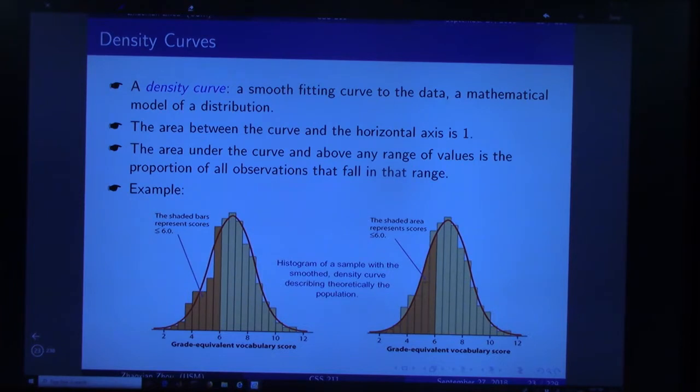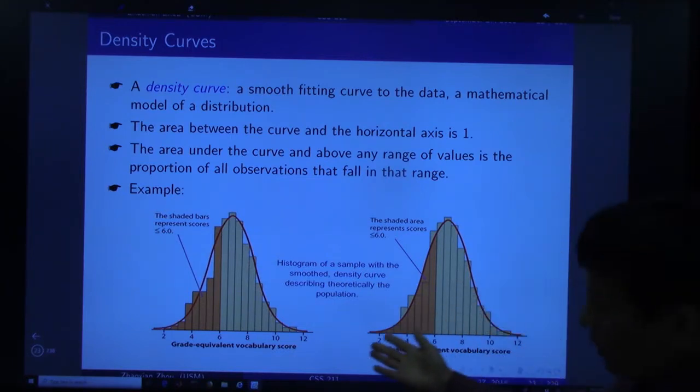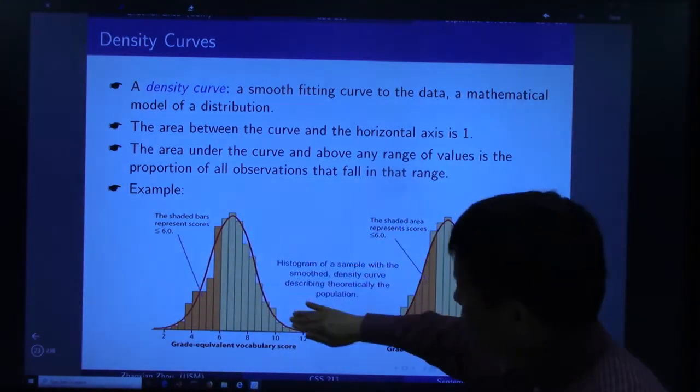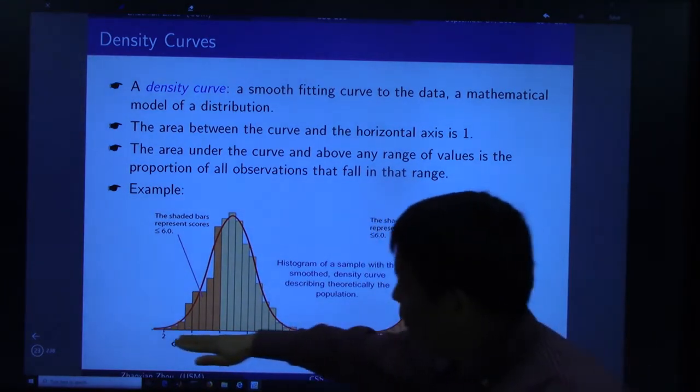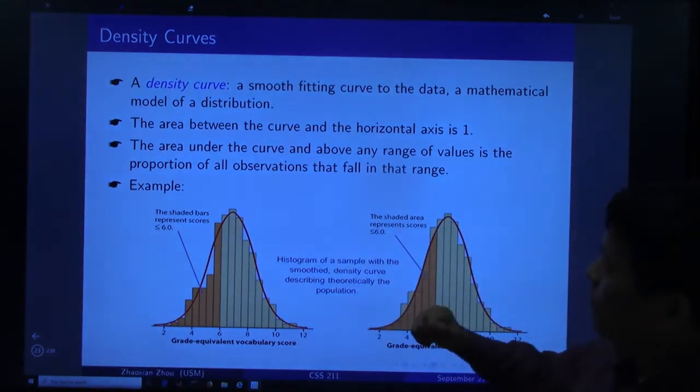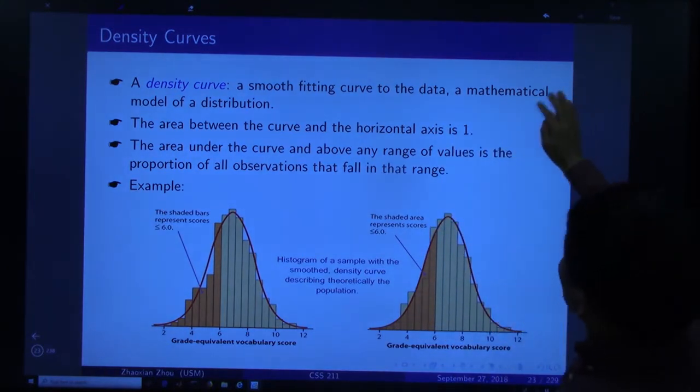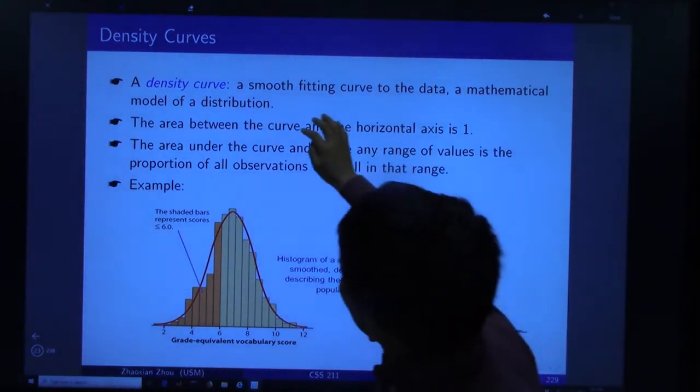The density curve must satisfy a condition. The most important is the area under the curve above the x, the horizontal axis, must be equal to 1. So this part must be equal to 1.